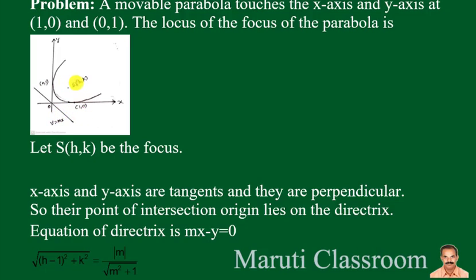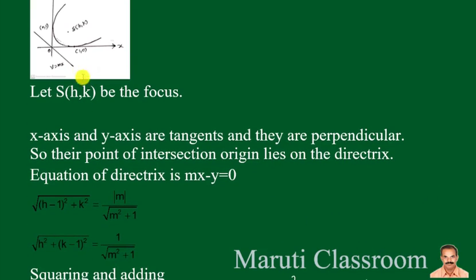So the distance between (1, 0) and (h, k), root of (h minus 1) whole square plus k square, is equal to the perpendicular distance from (1, 0) to the directrix mx minus y equal 0, that is modulus of m by root of m square plus 1.